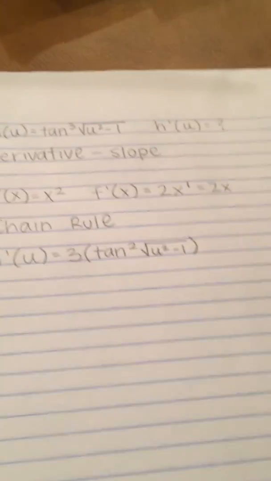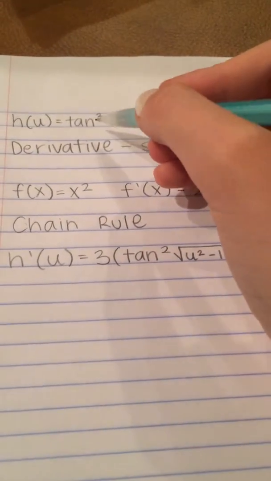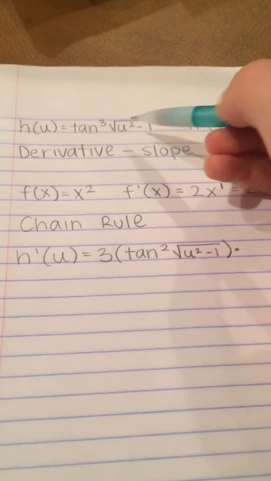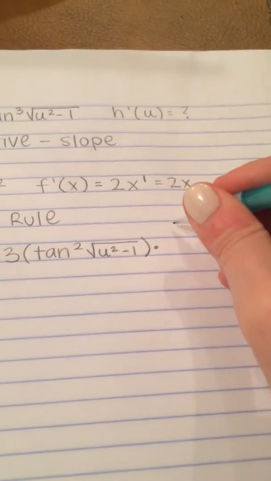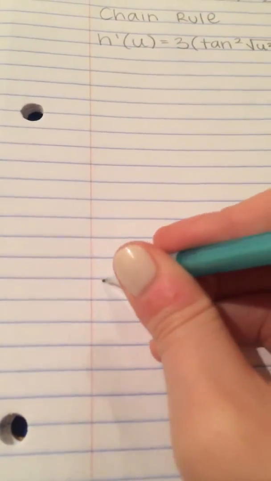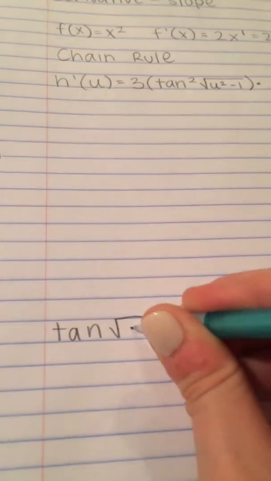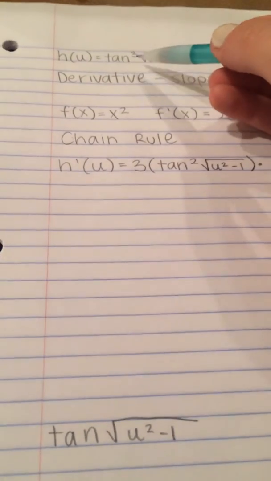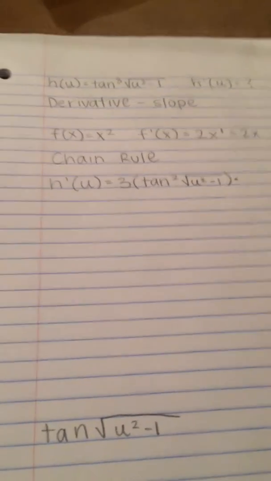So in order to get the next part of the derivative, you need to multiply it by the derivative of the next part of the function, which is tangent of the square root of u squared minus 1. Let me write that at the bottom. The reason you get rid of the cubed up here is because you've already looked at that part of the function, so you can just totally disregard it.